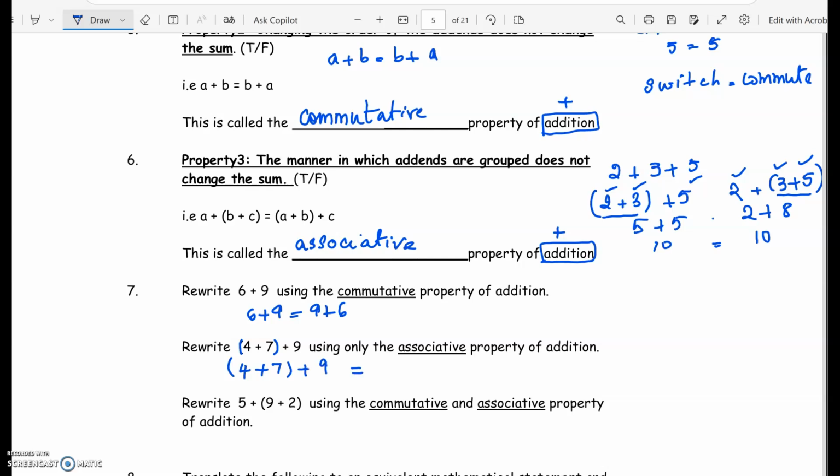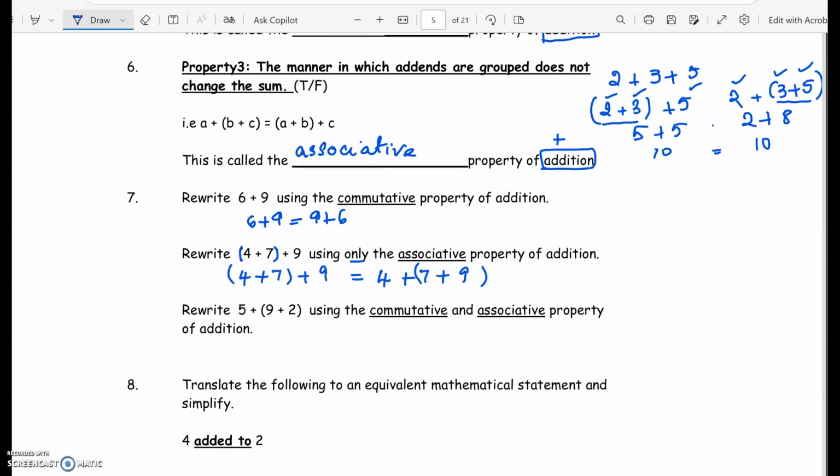If I want to use the associative property, I have to be careful not to change the order if you want to use only the associative property. So I'm going to write the order first. 4 plus 7 plus 9. Exact same order. Now, instead of having the parentheses around 4 and 7, I'm going to have the parentheses around 7 and 9.